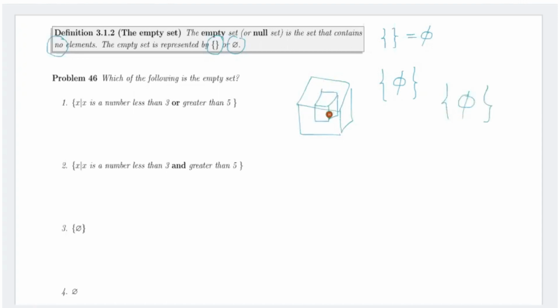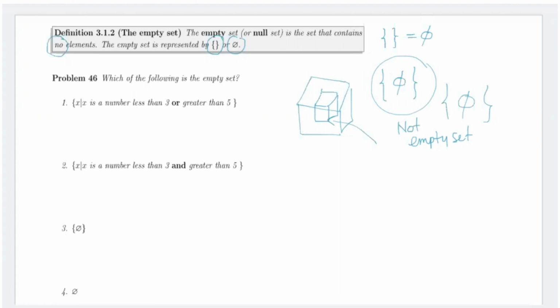Is this the empty set? No, because there's something in it. Yeah, it has a set, a box inside of a box. So it has an element. So this is not the empty set, okay? The empty set has to be empty. It's like a Russian doll. You have a doll and then there's a doll inside and then a doll inside. You know what I mean? So here's a box, there is a box inside.